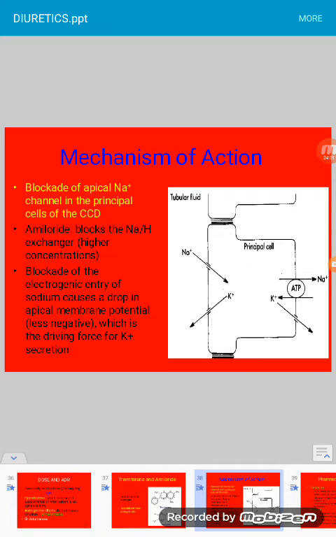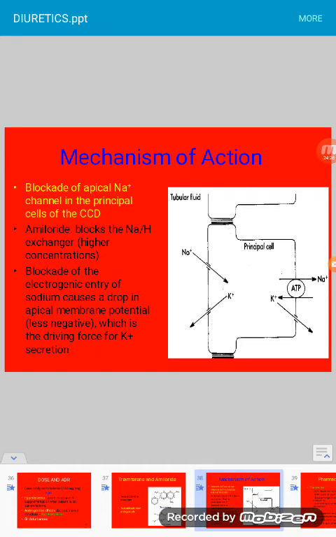They produce blockade of the apical sodium channel in the principal cells of the cortical collecting tubules. So amiloride blocks the sodium entry, and the blockade of this leads to a drop in the electrogenic entry of sodium, causing a drop in the apical potential.